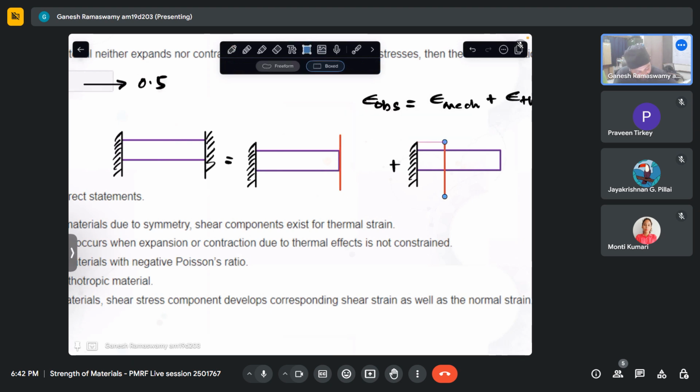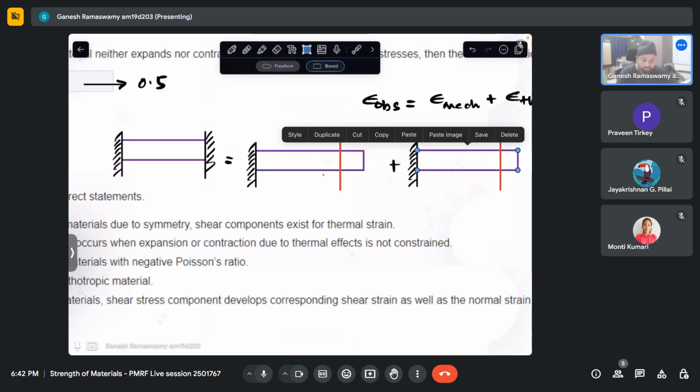Let this be that position. Now, due to free expansion, if the wall wasn't there, then this would have expanded till here. But now, since the wall is there, it will offer a reaction which will bring it back to 0. In fact, I should be putting the wall here. So now it will bring it back to 0. So there would be a compression.